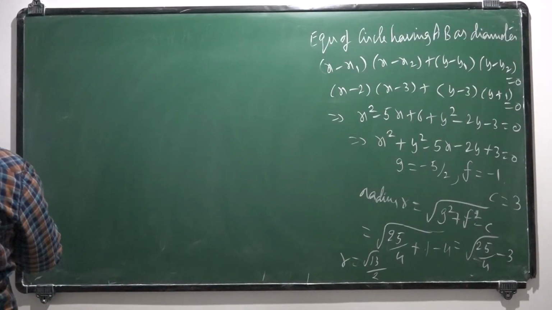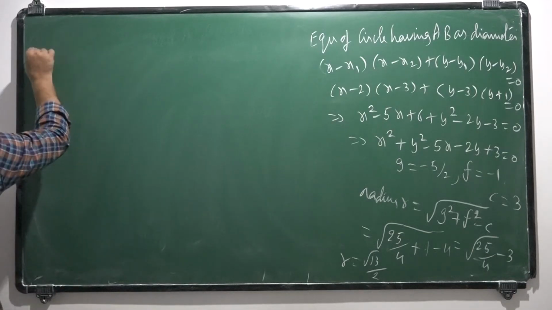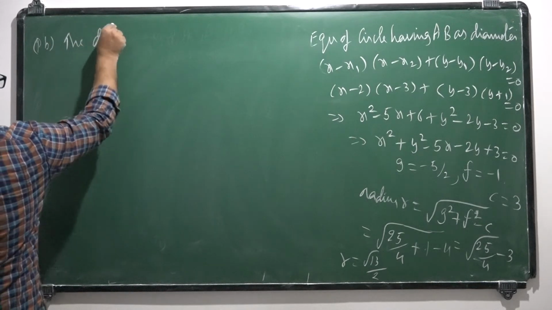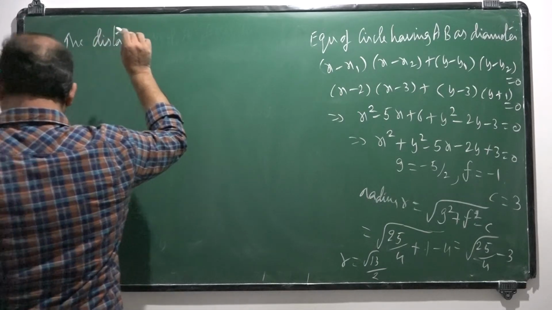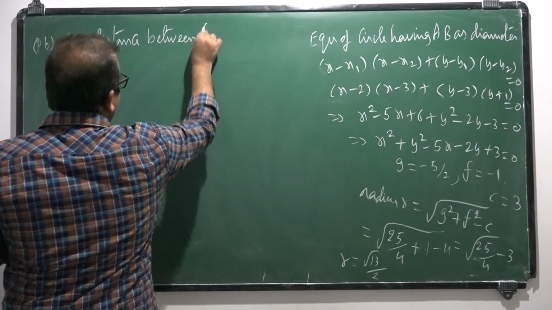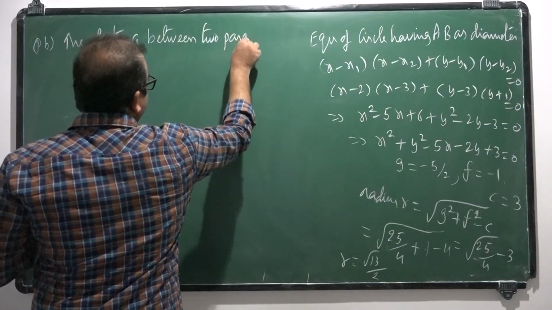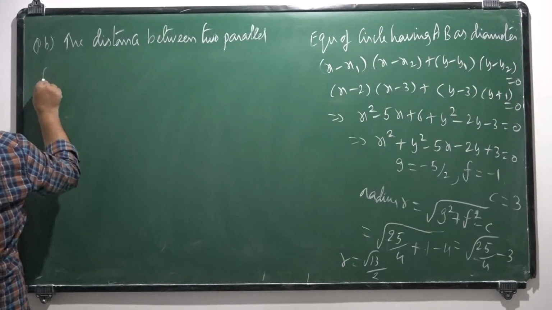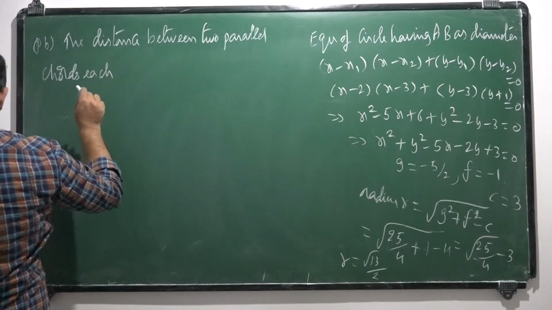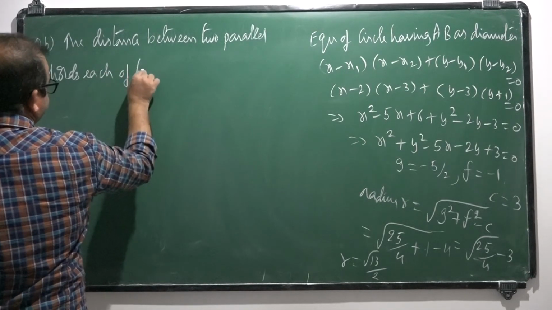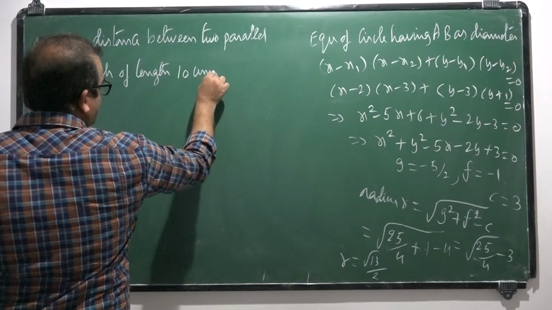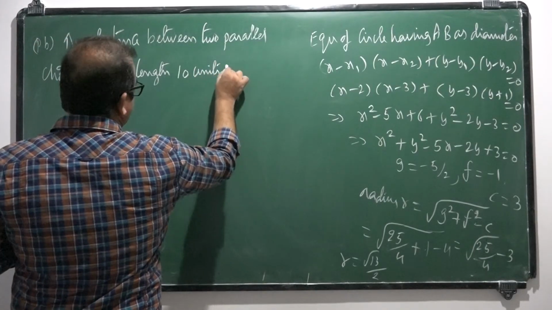Next, the distance between two parallel chords each of length ten units is 24.